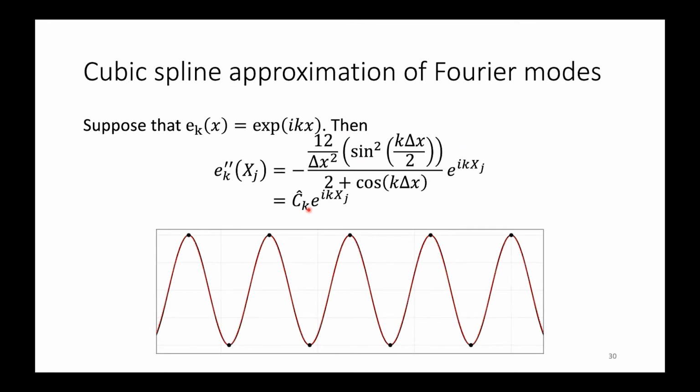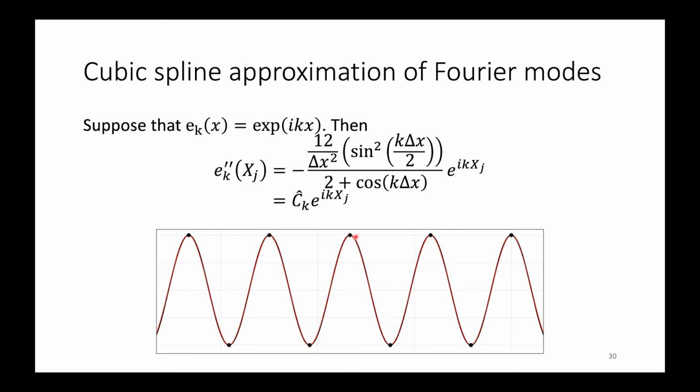The other thing you might be worried about is how well can these cubic splines really approximate Fourier modes? A sinusoid is a pretty special shape. It has all these special properties. And are we really going to come that close by just using a bunch of polynomials? Well, here I have in black a Nyquist mode. So this is the shortest wavelength mode that is resolvable by this grid.